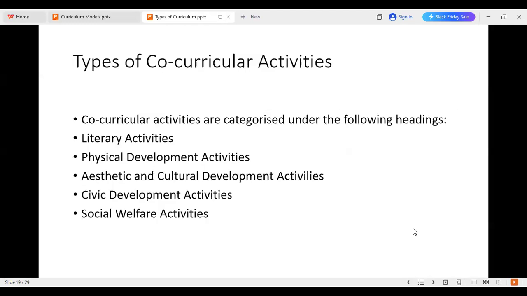Now we can see the types of co-curricular activities. Co-curricular activities are categorized under the following headings: library activities, physical development activities, mental development activities could also be added, aesthetic and cultural development activities, civic development activities, social welfare activities.